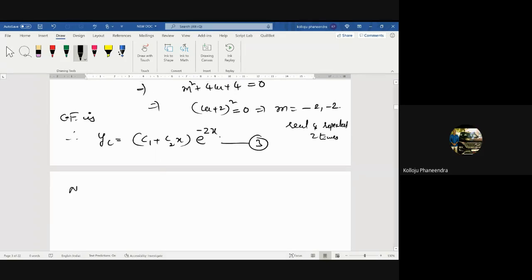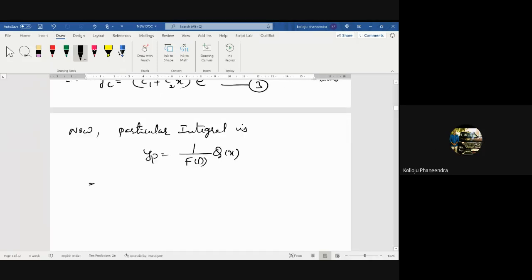Now, the particular integral is yp equal to 1 by f of d into q of x. That implies yp equals 1 by d square plus 4d plus 4 into 3 sin x, one part, and another part, 1 by d square plus 4d plus 4 into 4 cosine x.